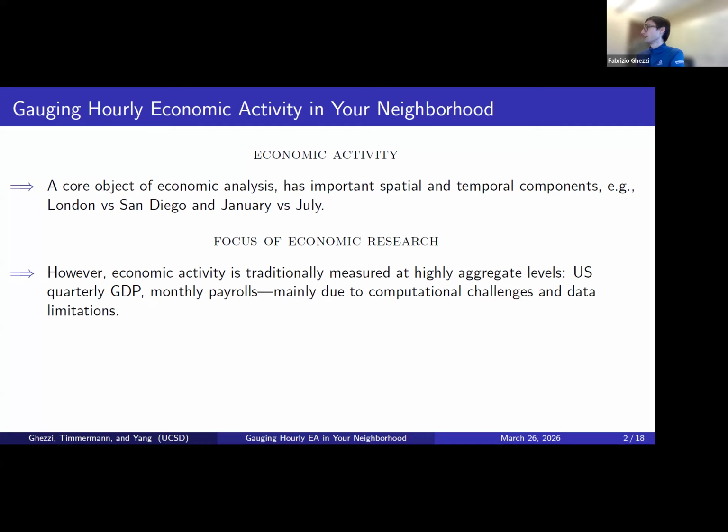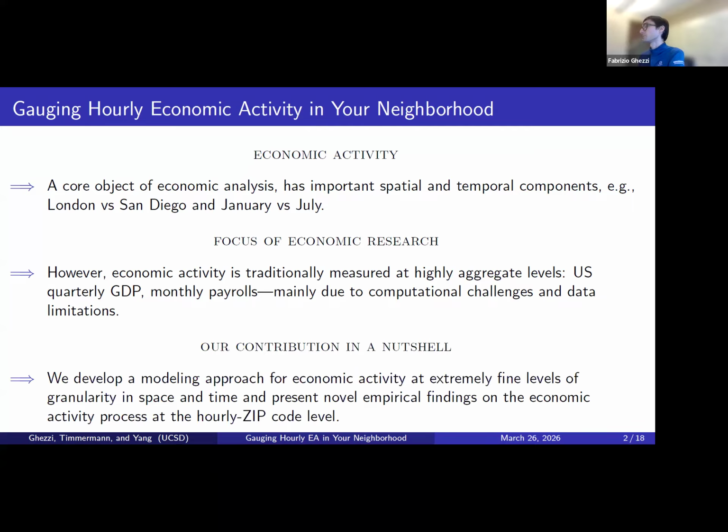This comes from data limitations and computational issues. Most of the measures that we have are aggregate in space and time, like quarterly US GDP or annual state level GDP. In one way or the other, these measures are always aggregated.